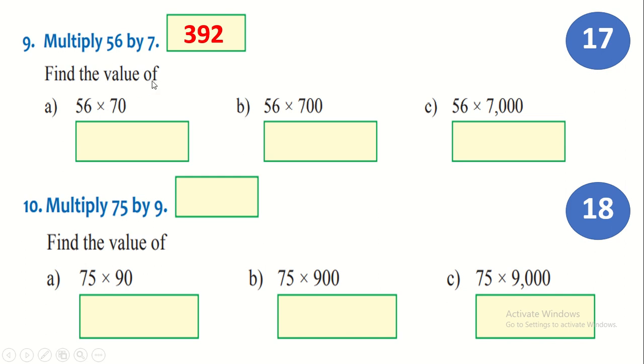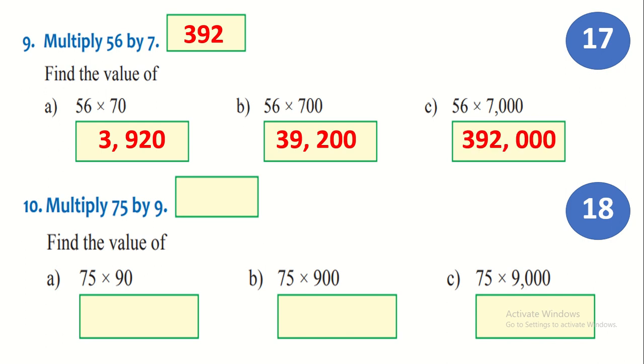Now, find the value. 56 times 7, 392, plus 0 here, 3,920. 56 times 7, plus 2 zeros, the answer is 39,200. Okay, students, add 2 zeros. 56 times 7, plus 3 zeros is 392,000. Correct, students?